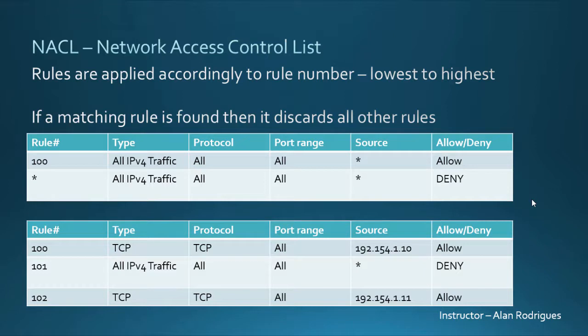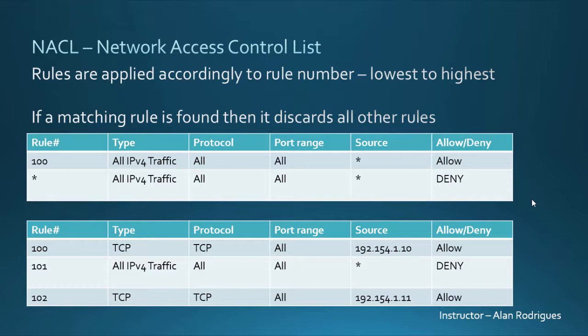Rule 101 says that all other traffic will be denied. Now the third rule is 102, which says let's allow traffic from 192.154.1.11. So let's say an IP of 192.154.1.11 tries to access our subnet. What's going to happen? The traffic will be denied.